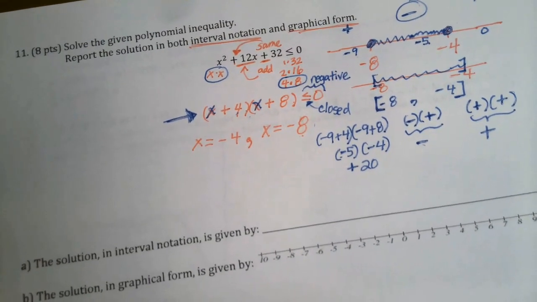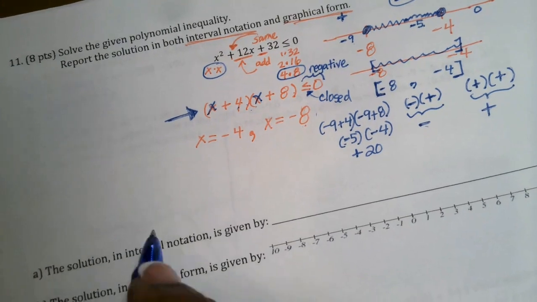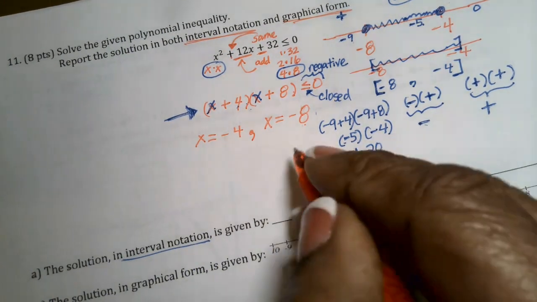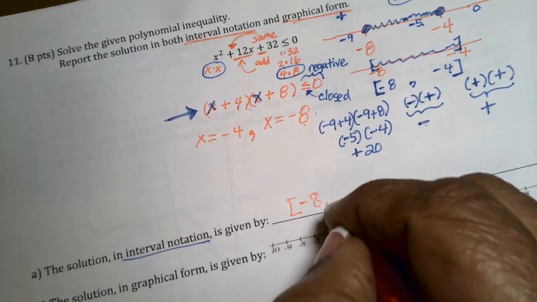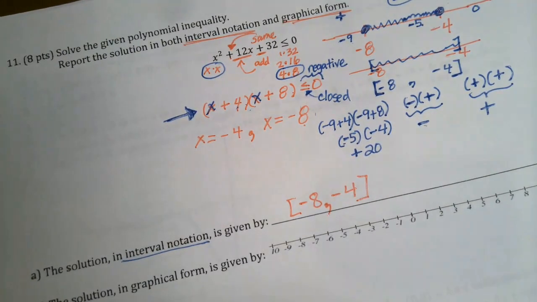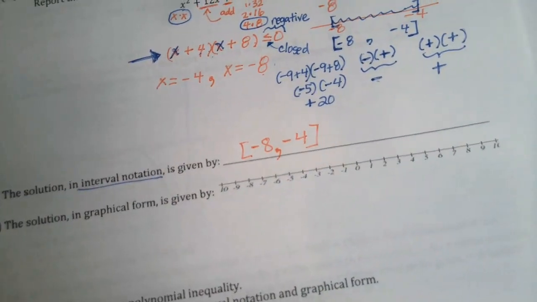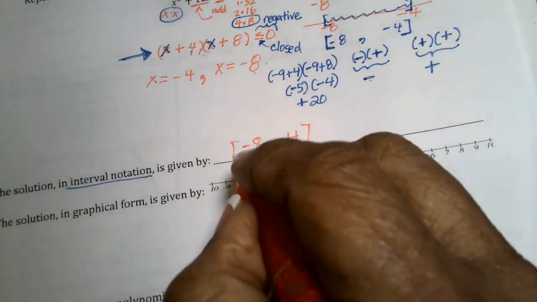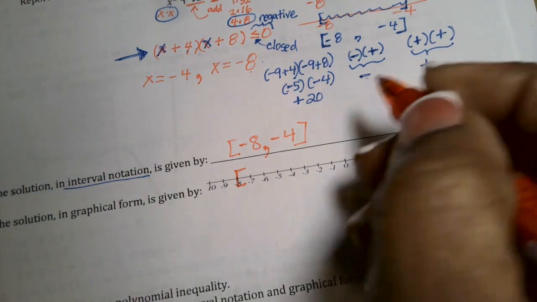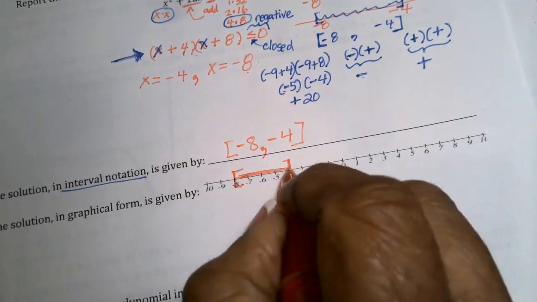So now let's go ahead and answer on our answer line. So the solution in interval notation, open bracket, -8, continue to -4, close bracket. And now on graphical form on the number line, here's my -8. You can use a dot there if you like. Here's my -4 and all the values in between.